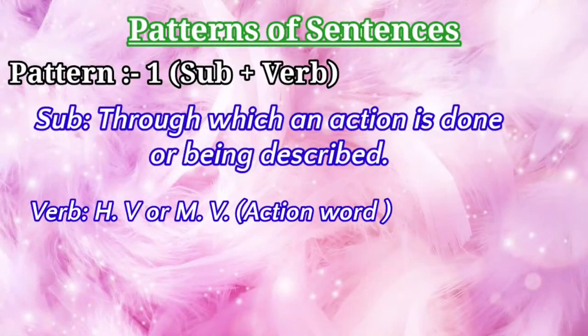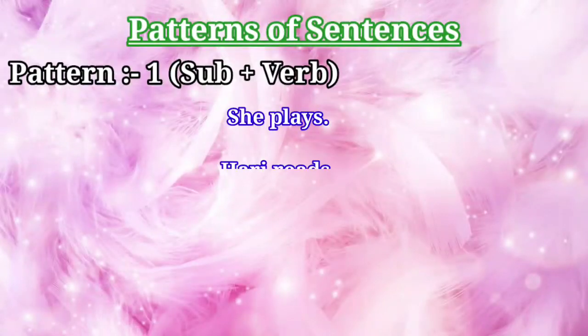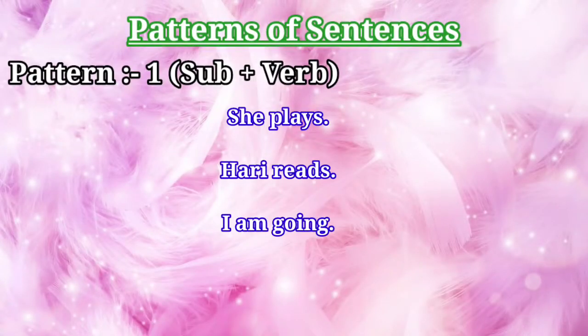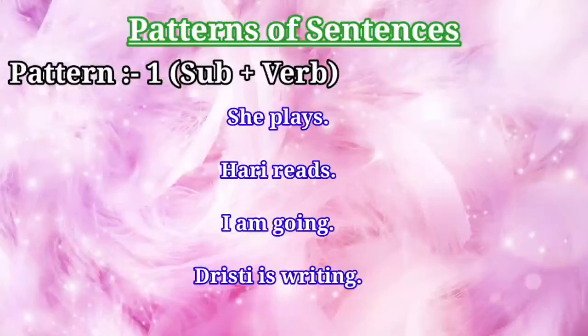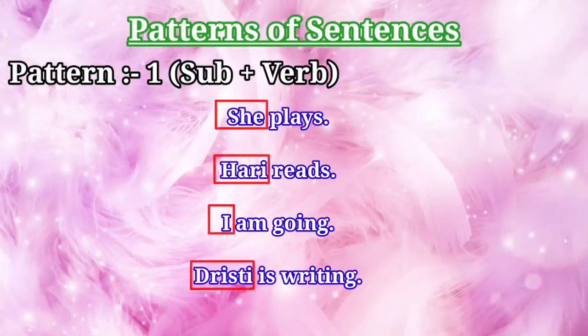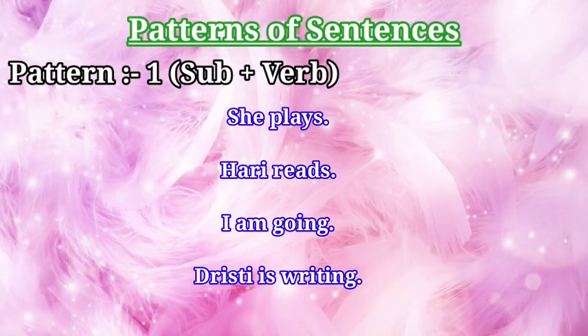Now let's take an example of the first pattern, subject plus verb. She plays. Hari reads. I am going. Drishti is writing. Here, she, Hari, I and Drishti are known as subject because the action of play, read, going and write is done by them.